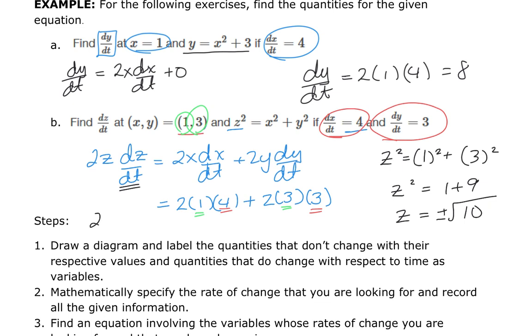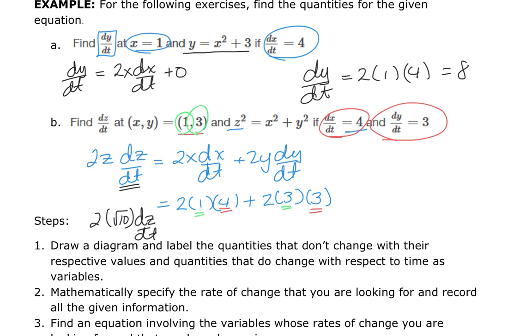So I have 2, and then my z value, we're going to start with a positive square root of 10, dz dt is going to be equal to the 2 multiplied by 4, which is 8, and then the 2 multiplied by 9, which is 18. So I have 8 plus 18, which is 26.